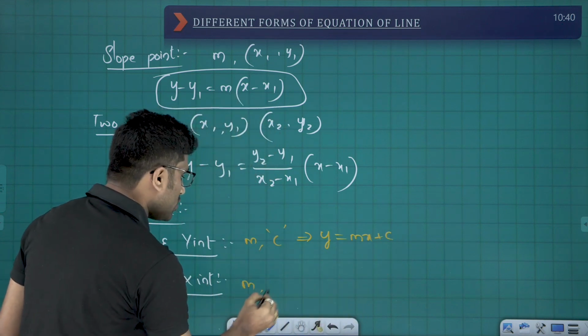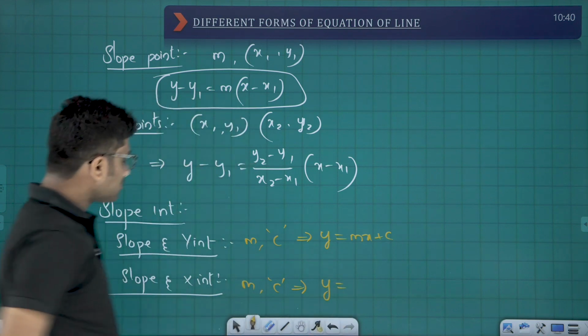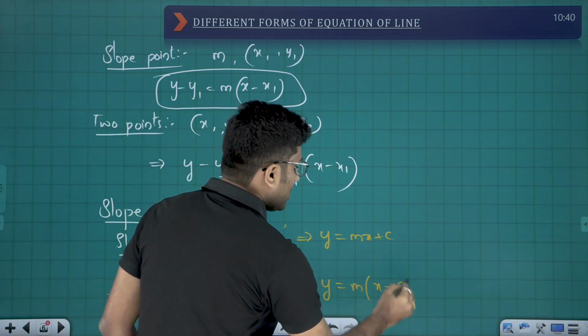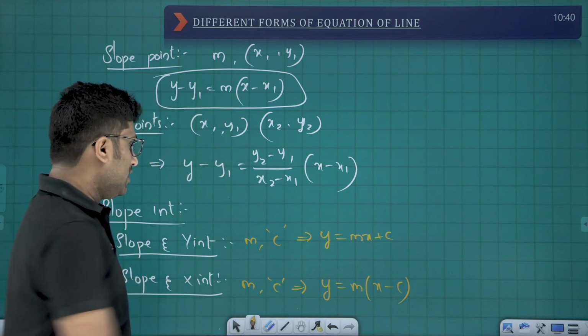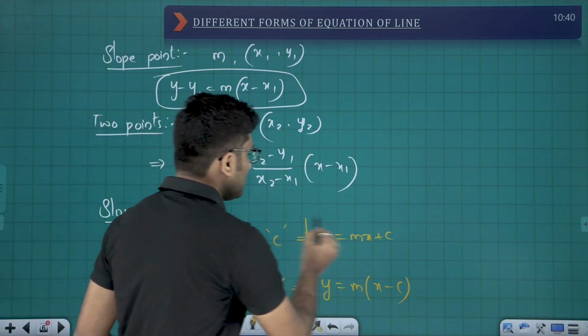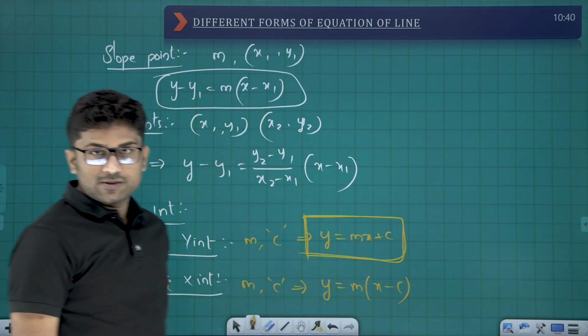If m denotes slope and c denotes x-intercept, then the equation of the line is y is equal to m of x minus c. Don't get confused, friends. If c is the y-intercept, then the equation of the line is y is equal to mx plus c. This is the equation we use a very good number of times.